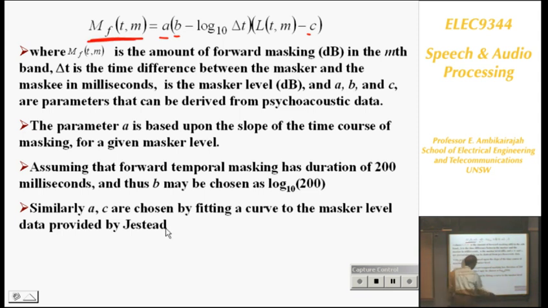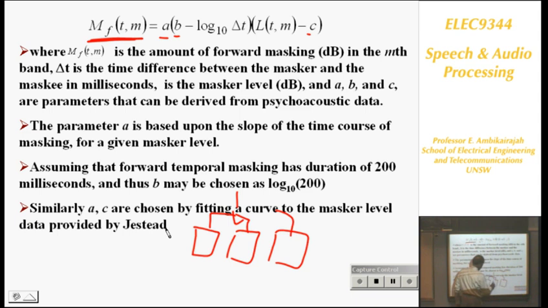That's another technique. Once you have calculated the temporal masking level and simultaneous masking level, what do you do? As I said to you, this is your filter bank, 1, 2, 3, for example. Your signal comes in, you find energy E1, E2, E3, and you calculate simultaneous masking that way, on the frequency axis.